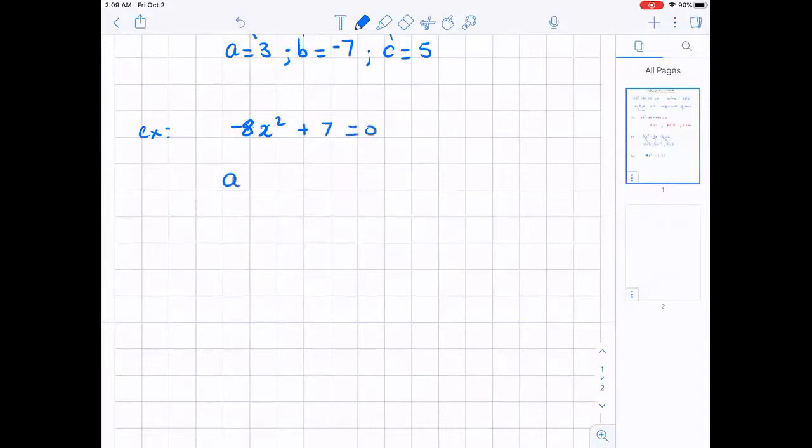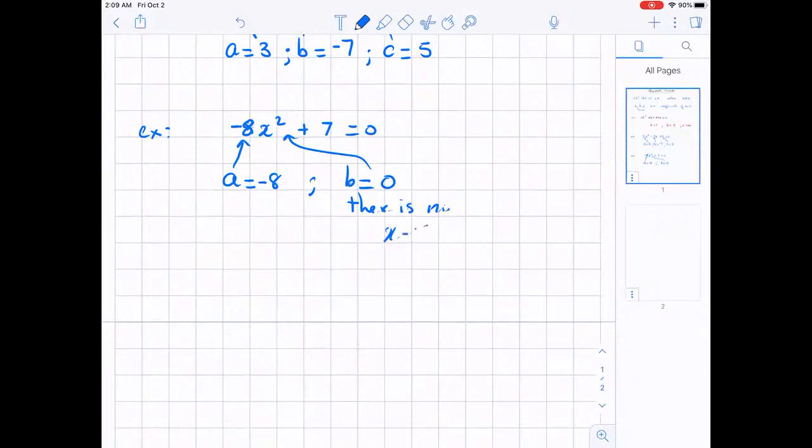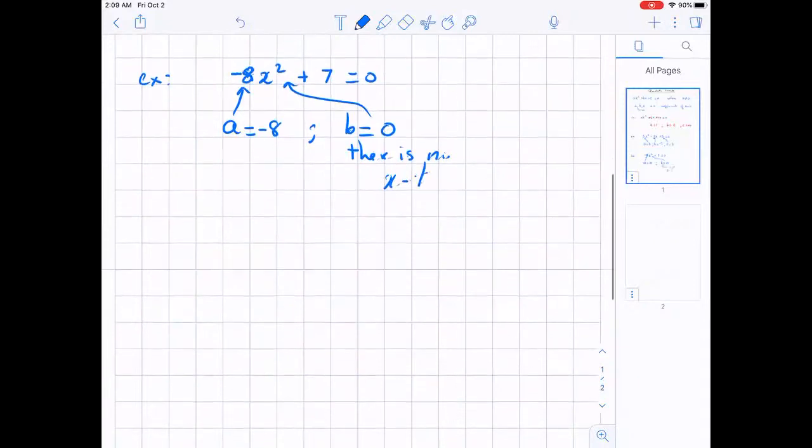In this case, a is equal to minus 8, we're getting that from here. b is equal to 0, that's because there is no x term. And c is equal to 7.